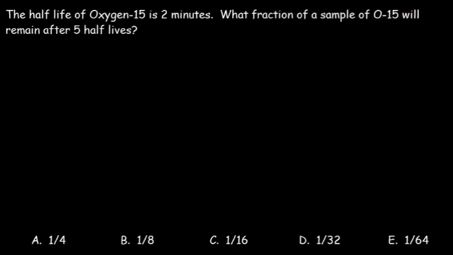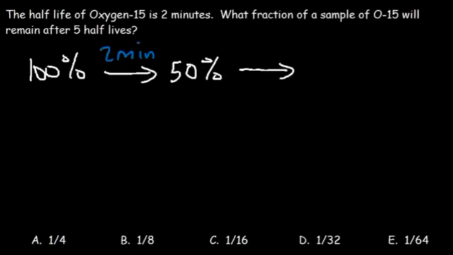So if you're not given the original amount, start with 100%. Whatever the sample is, it represents a whole, or 100%. Now, after one half-life, or 2 minutes, half is going to remain. So that's 50%.